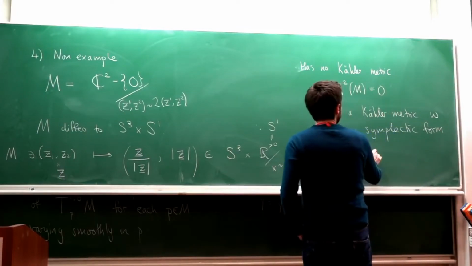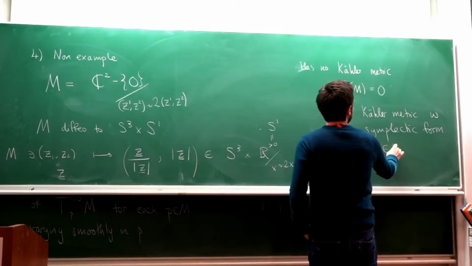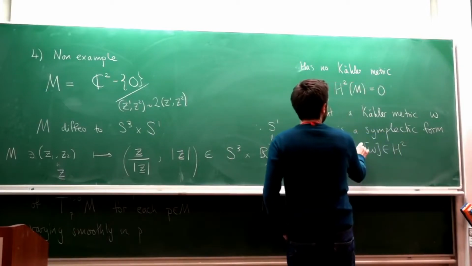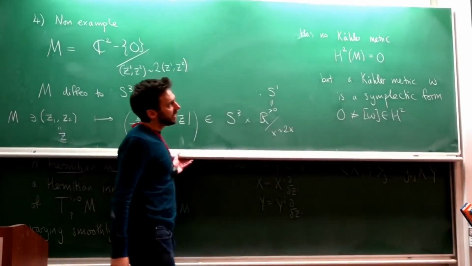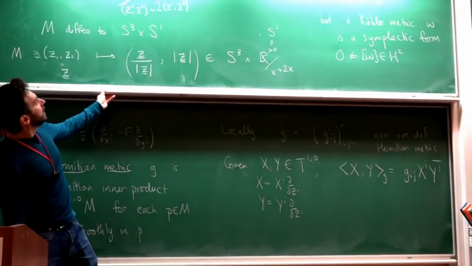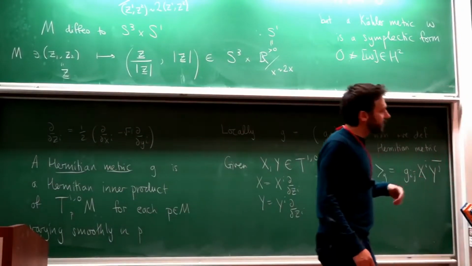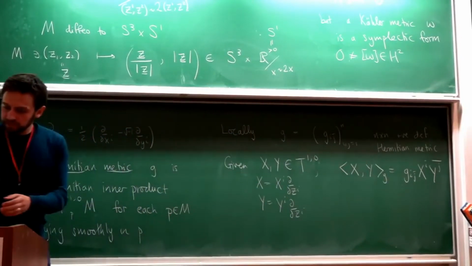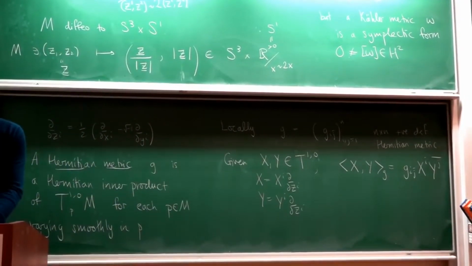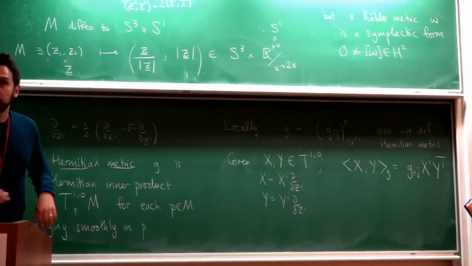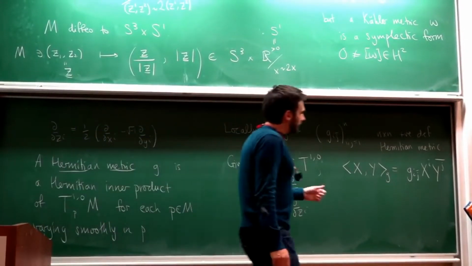So it gives you an element of H2 which is non-zero. So that's the simplest example, I think, of a non-Kähler complex manifold. There are certainly plenty of examples of non-Kähler manifolds, but I'm not going to be really talking about that today.